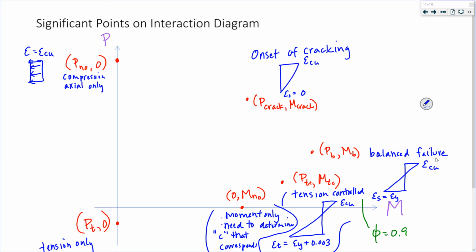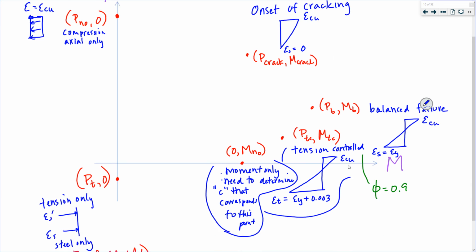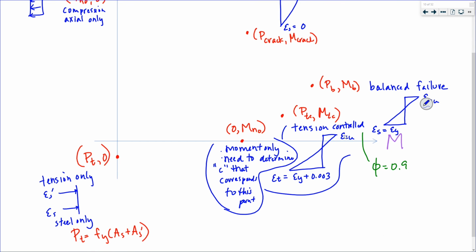My balanced failure, where I fail in my concrete, ECU, at the same time as I yield my steel, it's at the centroid, remember. The tension controlled, where my strain in my extreme tensile steel is the yield strain plus 0.003. That way I can use my 0.9 phi.